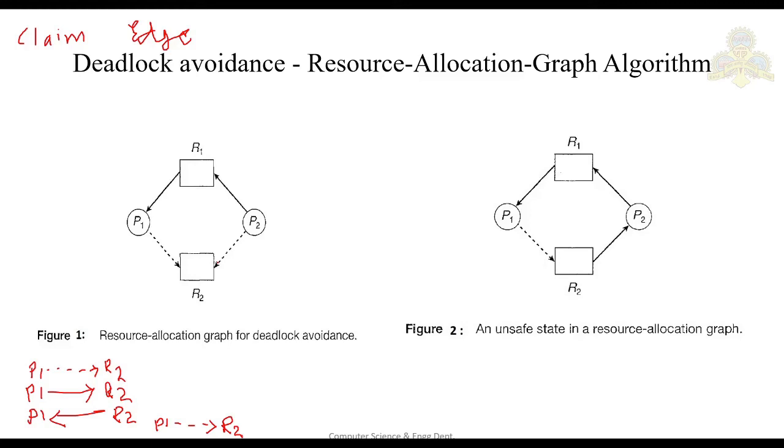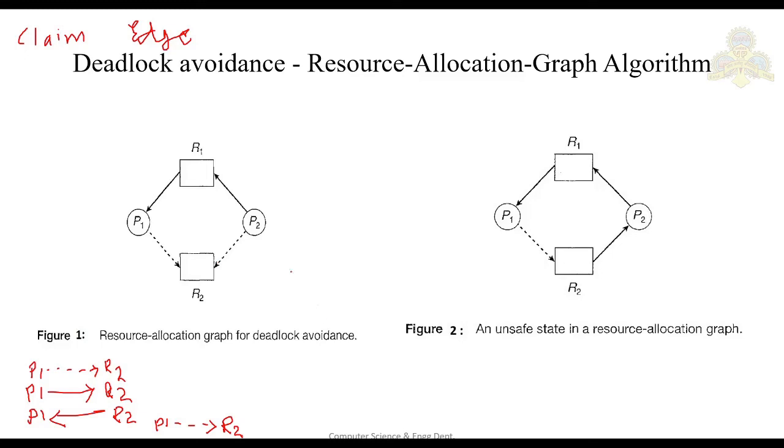If there is a possibility of a deadlock, that means you have a cycle in the resource allocation graph, then your operating system will not allocate the resource to the process. If the cycle does not exist, that means there is no deadlock in the graph, then only the resource will be allocated to the process.